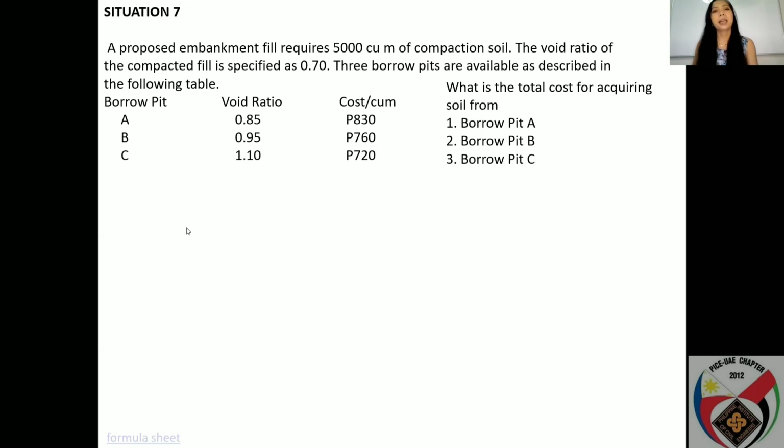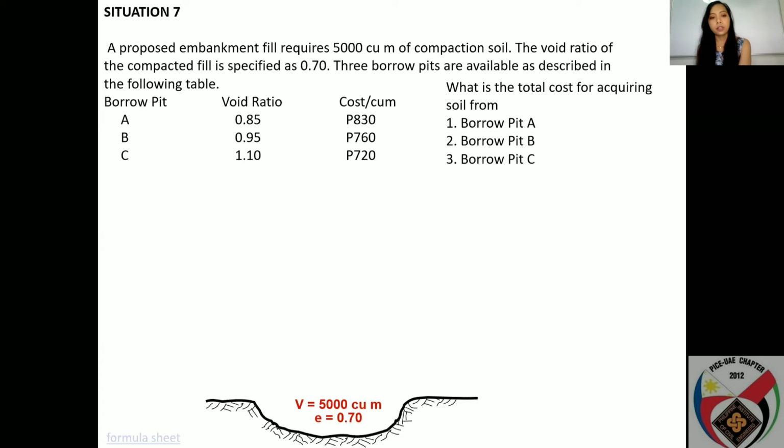Alright. To help with our discussion, let's draw what happened at the actual site. Please don't judge my animations. So, there is an embankment fill. Its requirement is 5,000 cubic meters and the void ratio of that same location is 0.70.